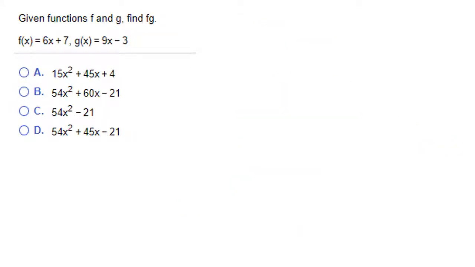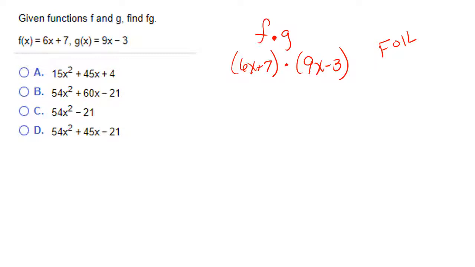I'm now going to operate on these two functions by multiplying. fg means to multiply these two. So again, I will put the 6x plus 7 in parentheses, and I will put the 9x minus 3 in parentheses, and I'm going to multiply. When you multiply two binomials like this, you normally use the FOIL method.